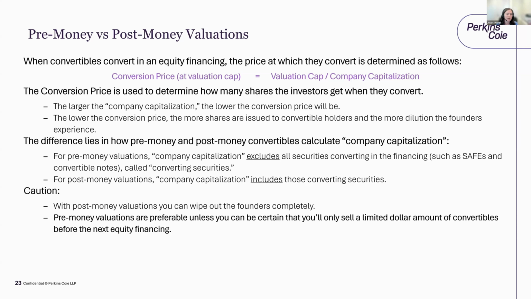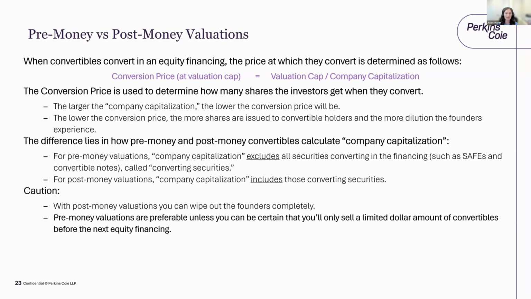In the pre-money context, company capitalization excludes all convertible securities. All of the SAFEs, all of the notes that you are issuing to these investors, whether in this round or a future round, are not included in the denominator. Whereas in post-money valuations, they are included in the denominator.